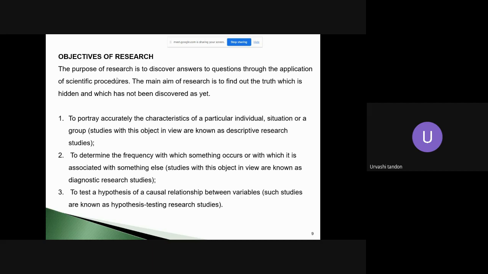So the impact of Healthify Me in reducing weight, or in increasing the metabolism, that could be one of the research questions, which is a causal relationship between the variables, or between the two, what we call constructs, or variables.